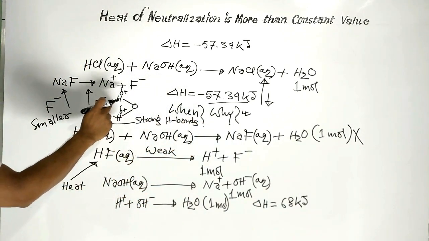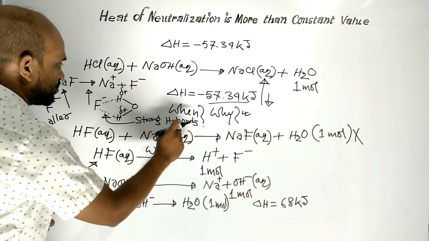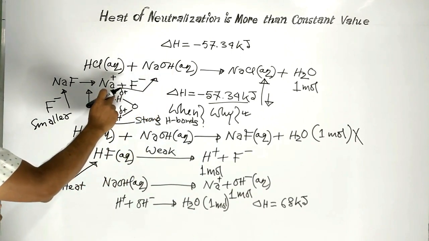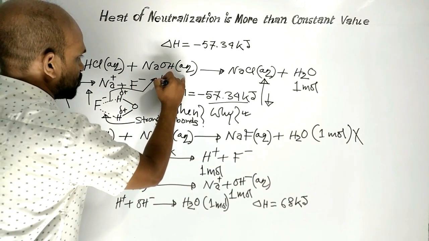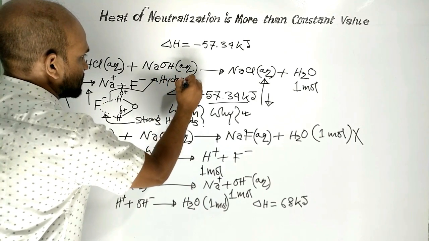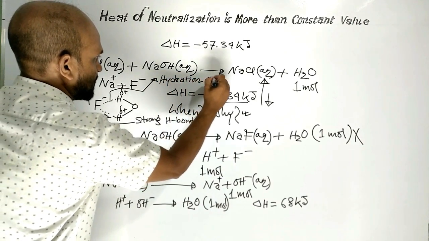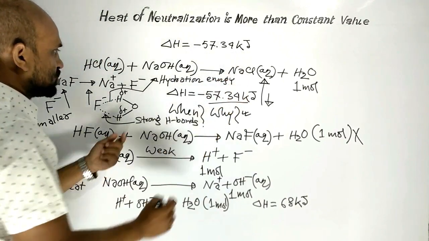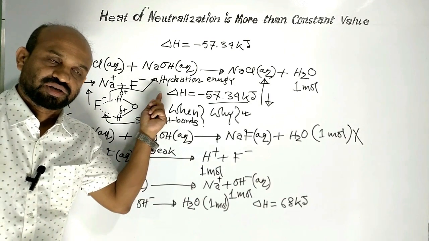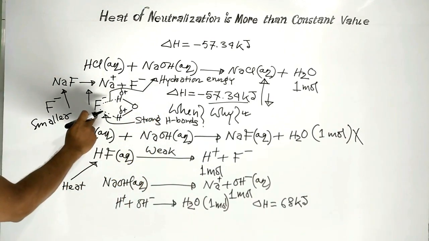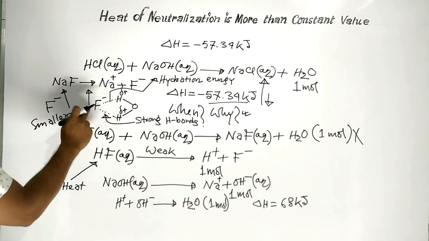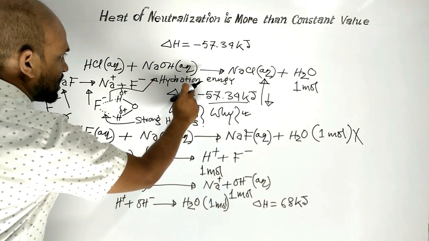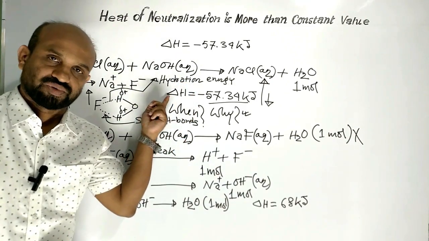As these are strong hydrogen bonds, the energy released from these bonds is higher, which is known as hydration energy. Because of the higher hydration energy evolved when fluoride ion is hydrated by water, a higher amount of hydration energy evolves.